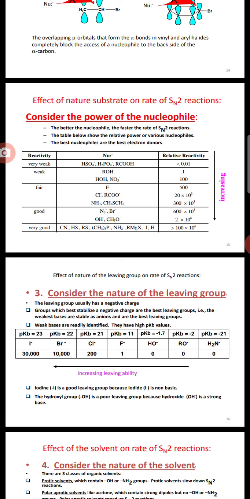Iodide is a very good leaving group as well as a good nucleophile, being non-basic. Hydroxyl ion is a poor leaving group because hydroxyl ion is a strong base.